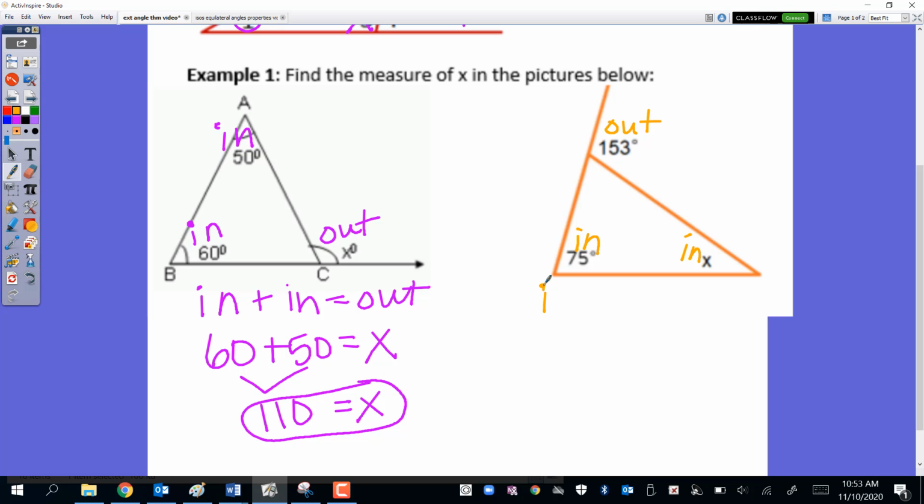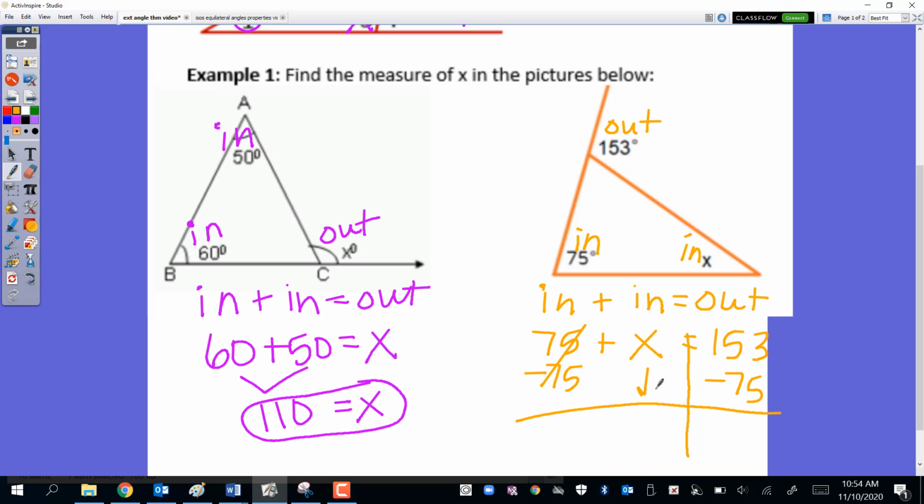So using inside plus inside equals outside, one of my insides was 75 plus my other inside was x equals my outside, which was 153. How do I solve this equation? Well, I need to move 75 to the other side. How do I do that? Subtract.